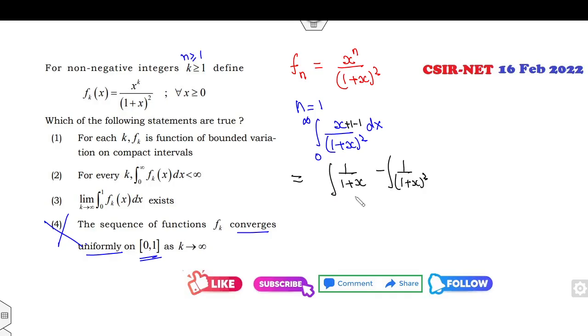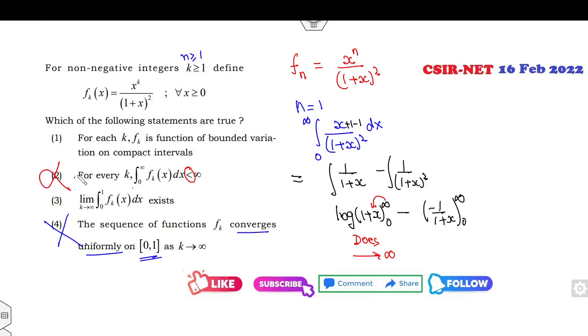Now if you integrate them, it will be log of 1 plus x over the domain 0 to infinity, and minus 1 over 1 plus x from 0 to infinity. Clearly, if you substitute infinity, the limit goes to infinity, but the option said less than infinity.